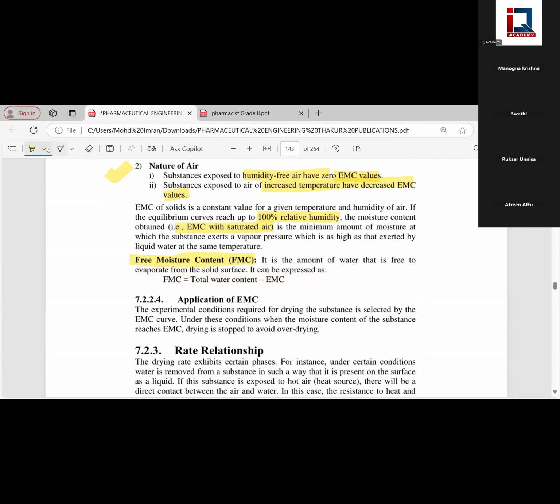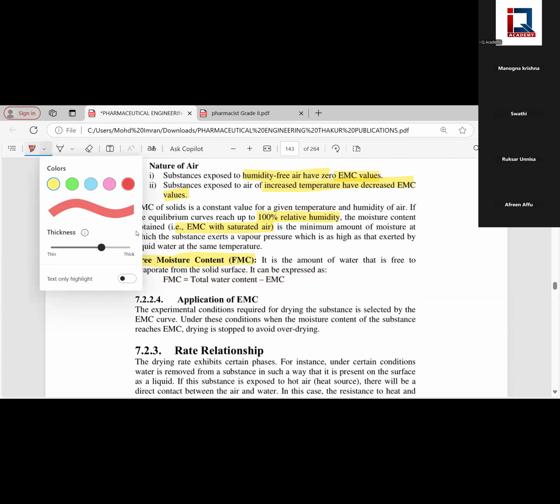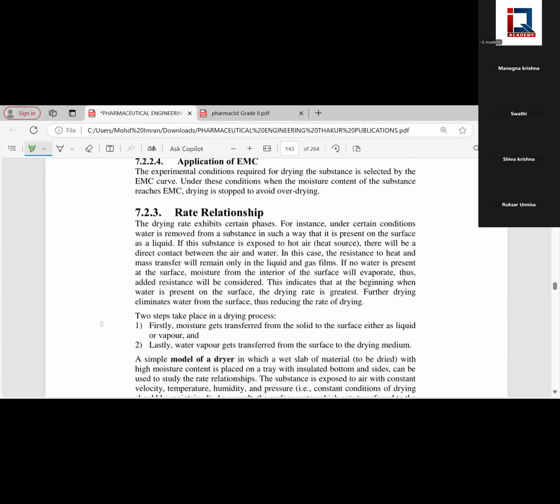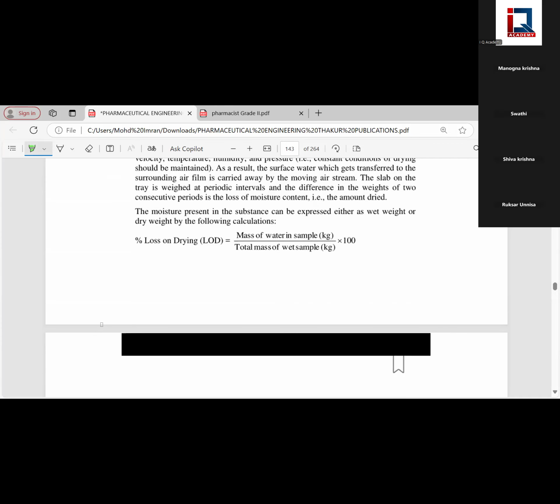What is FMC? FMC is the total water content minus EMC, or the amount of water that is free to evaporate, ready to evaporate, unbound water in the molecule. Okay, so this is what we need to remember here.